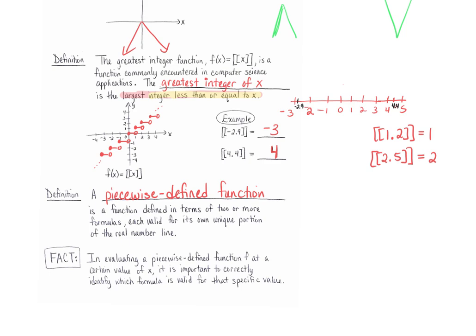So it is what you think it would be. Piecewise defined means it's going to have more than one part where it's defined. In evaluating a piecewise defined function f at a certain value of x, it is very important to correctly identify which formula is valid for that specific value.